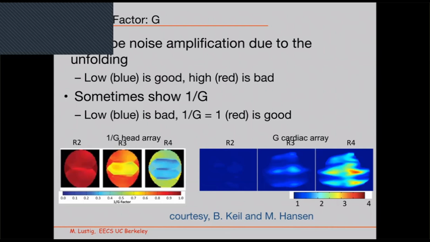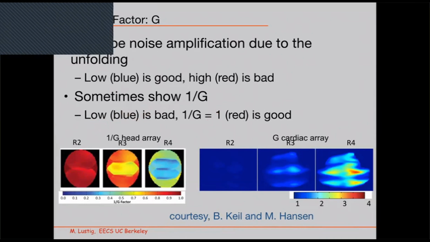In that case, blue is bad, and red, as close as possible to 1, is good. So you'll see maps like that, and that says in most places I'm retaining 100% of my SNR, except for some places. And here, this is really bad. I'm actually retaining about 10% of my SNR because of the G factor.